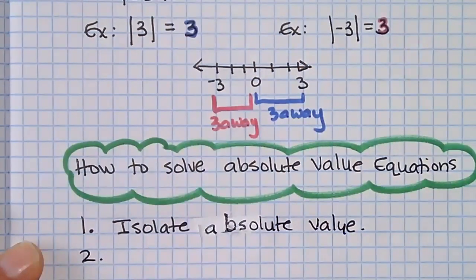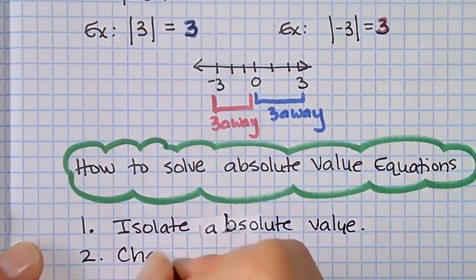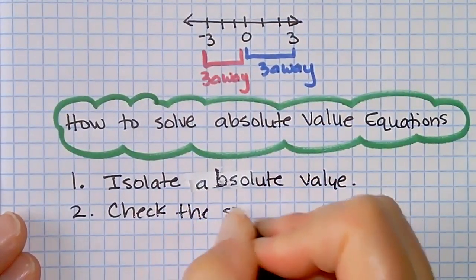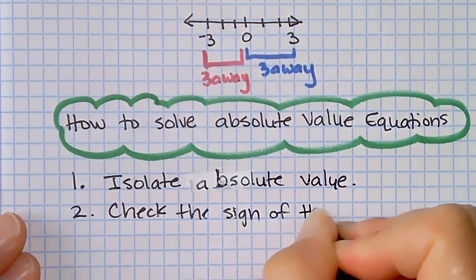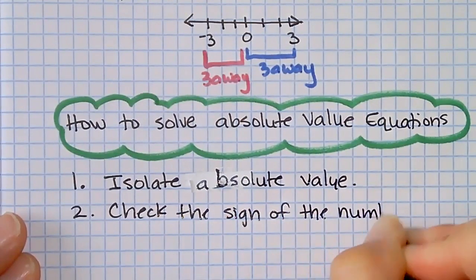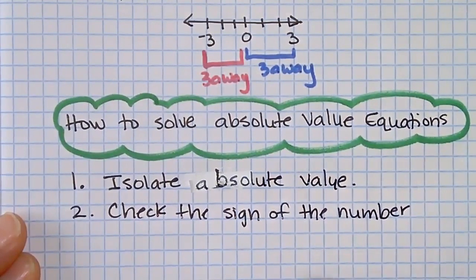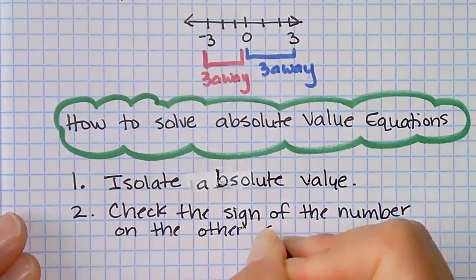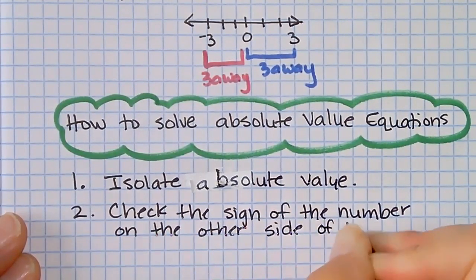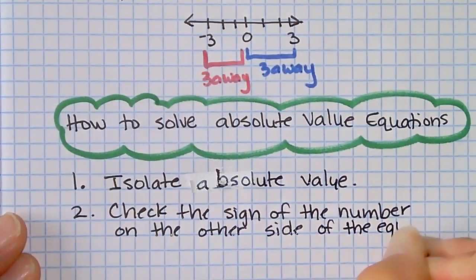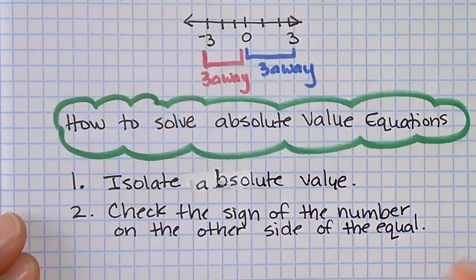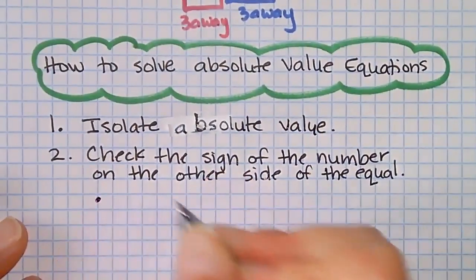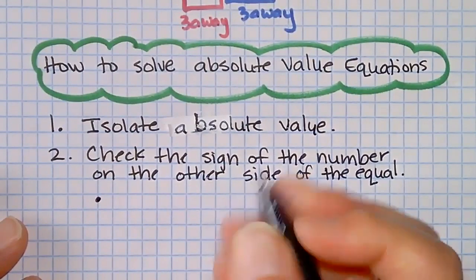Second step, check the sign of the number on the other side of the equal. Basically, you're going to check to see if it's a positive sign or a negative sign.